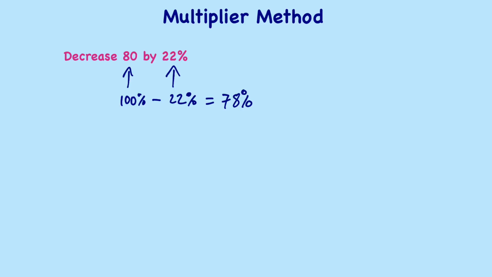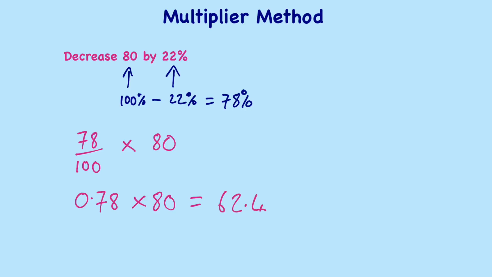If I set that up below as a calculation, I have 78%, which means out of 100, of, which is times 80. And then using the multiplier, I change 78 over 100 into a decimal. So that is 0.78 multiplied by 80. If I type that into my calculator, it's 62.4. And that's my final answer. That's a 22% decrease on 80.